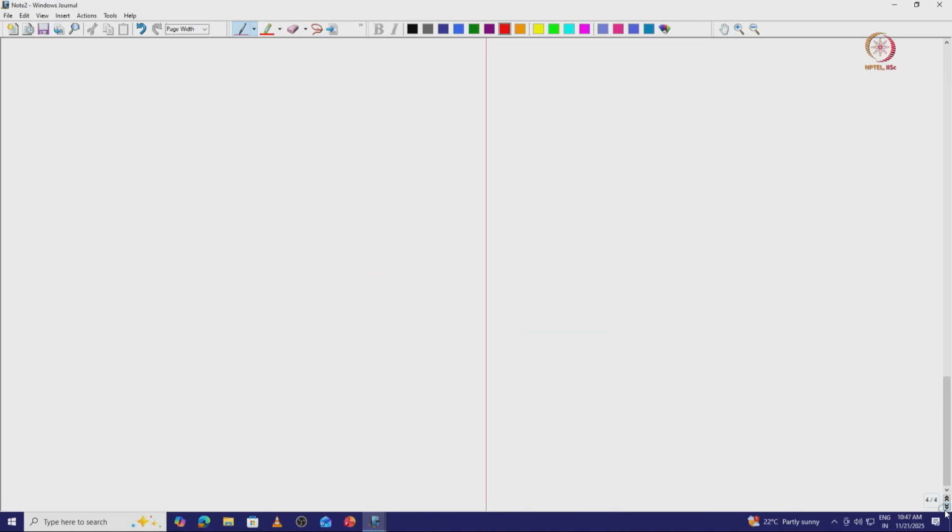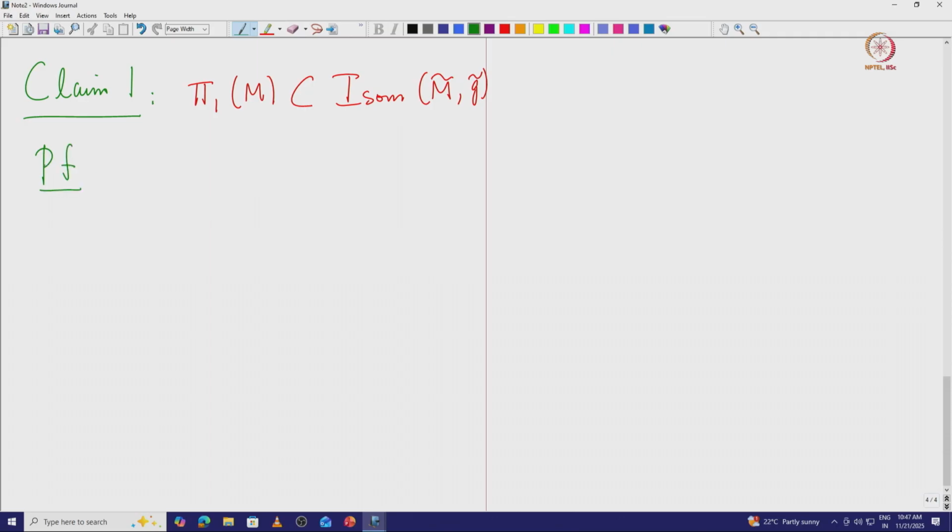So the first claim is that the fundamental group actually acts by isometries. What is the proof of this? So let us take an element in the fundamental group, then you have basically the following picture.